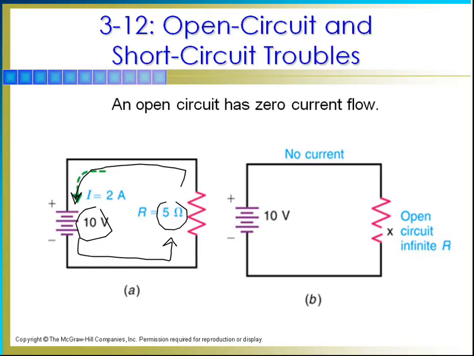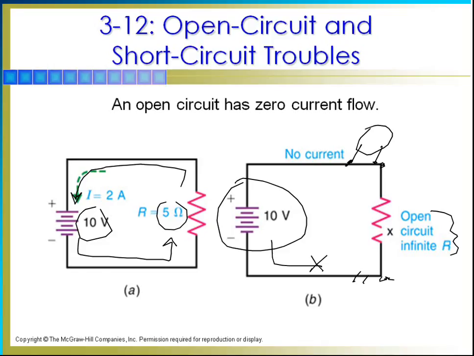However, if you get an open, whether it's an open in the resistor or an open somewhere in the path, means infinite resistance with an open path, there is no current flow. So if you stick a meter out here, you're still going to read the value of the power source, but if you stick a current meter in line, you're going to find that you have no current flow, 0 amps.